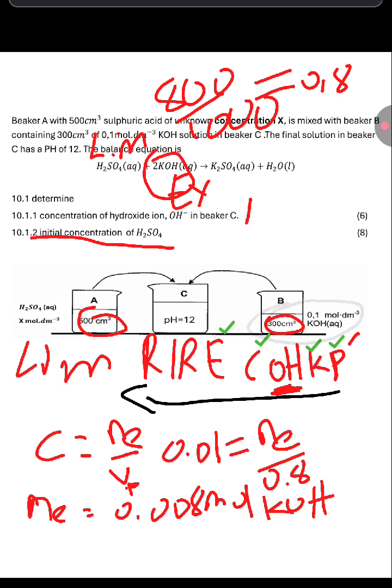It will give us the initial number of moles for the excess reactant, which is KOH. Let's get into it and see.